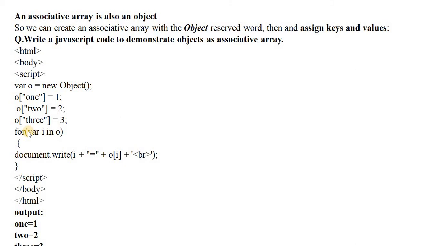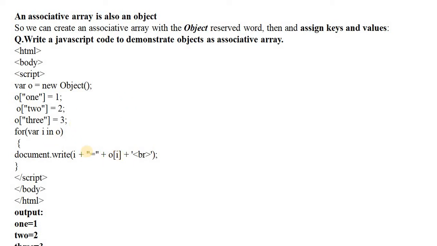And we use a for in loop: for is the keyword, then the variable name, in is the keyword and O is the object, and the statements to be executed. In each iteration, one property from the object is assigned to the variable i, and this loop continues till all the properties of the object are exhausted.